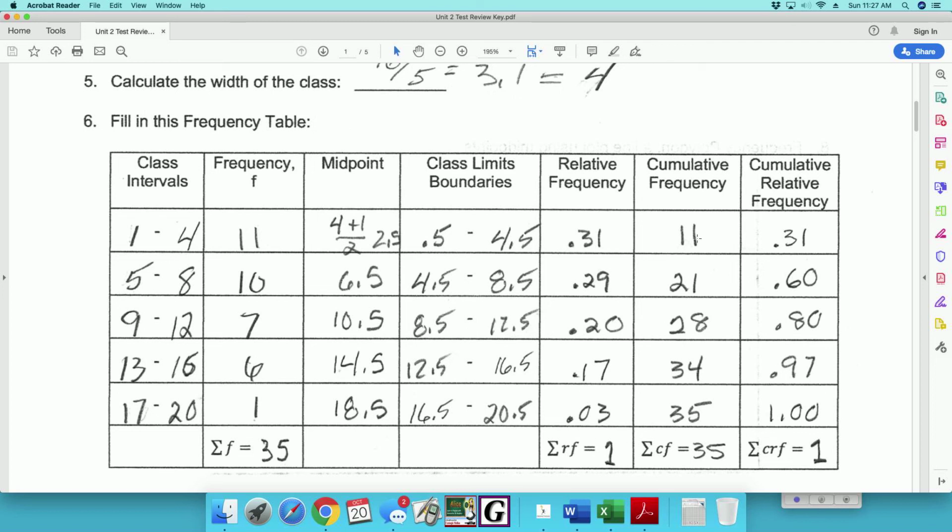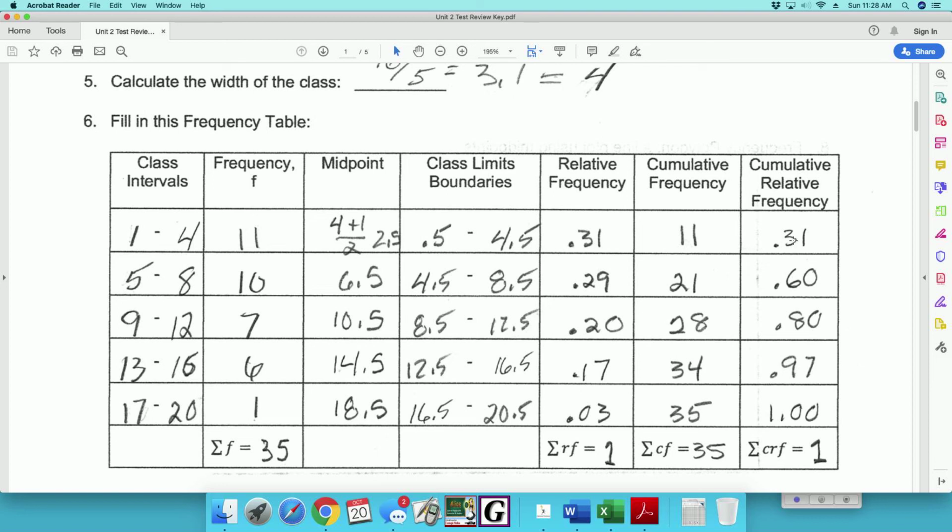Cumulative frequencies, you take the first category, it's 11. Then to it, you add the next category. So 11 plus 10 is 21. Plus 7, 28. Plus 6, 34. Plus 1, 35. Notice the total is 35. If you don't get 35, you did something wrong.